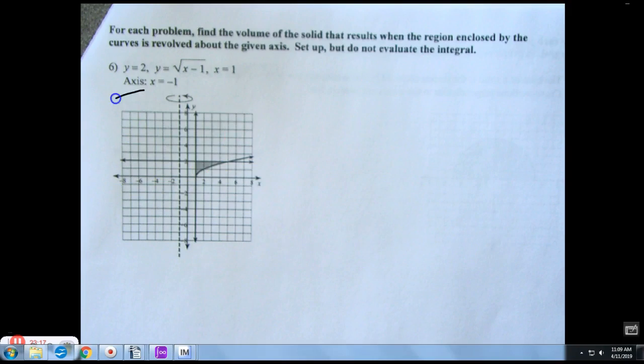Let's do a couple of cross-section ones, just to review. Cross-sections with x we've done; cross-sections with y is the only thing we haven't done yet. I don't know which one looks hardest here. Let's do 10.